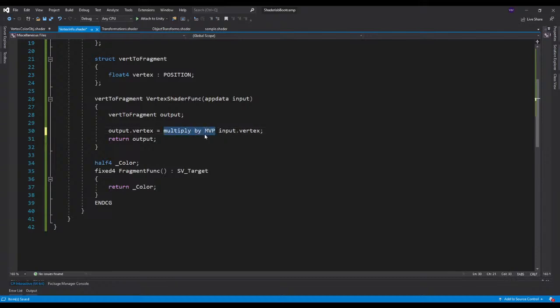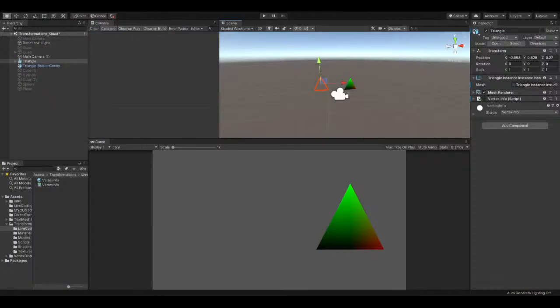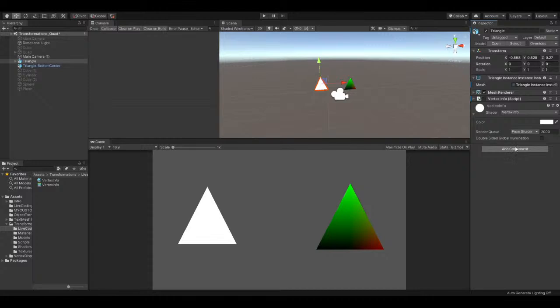If I just quickly write it, how do you perform multiplications in shaders? You have the multiply keyword mul, and I just say UNITY_MATRIX_MVP, and I'm going to multiply every vertex with this MVP matrix. Let the shader compile. We have got this working perfectly fine.